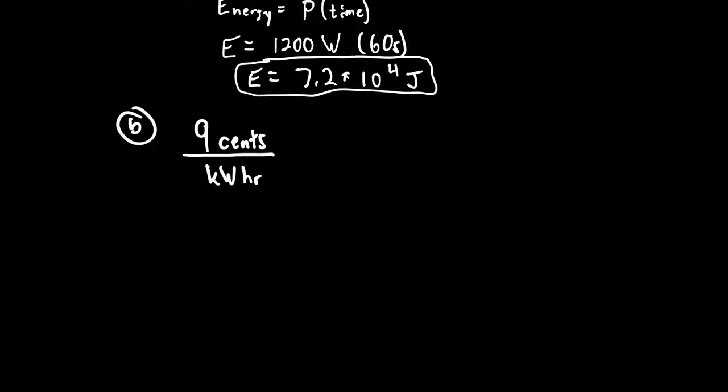So my power here is 1200 watts. Can I convert that into kilowatts? How do I convert that to kilowatts? Divide by 1,000. So it's 1.2 kilowatts.